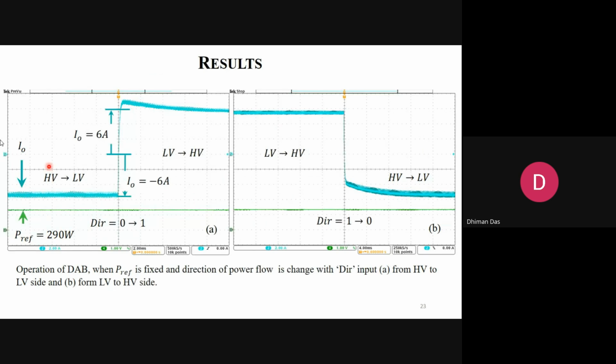Now if you see the output current, this is 0, that means no current is flowing. When I change the direction input, it flows from minus to plus, from one direction to another, and vice versa, from positive to negative.